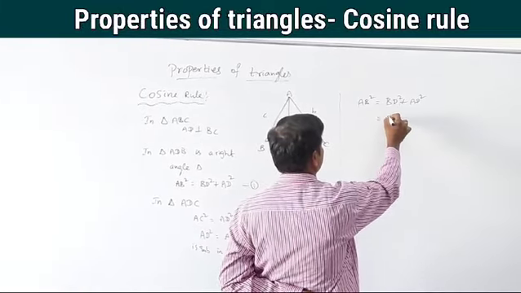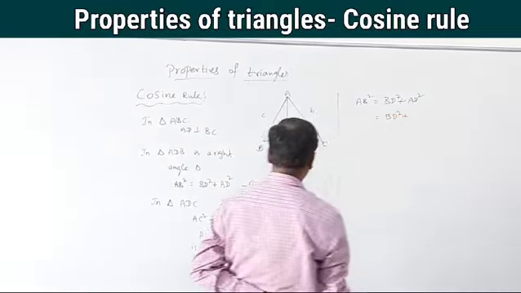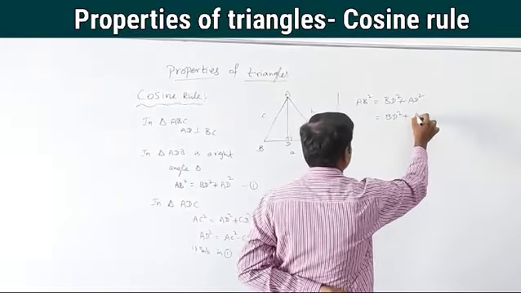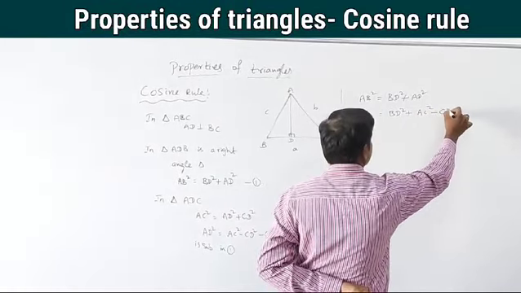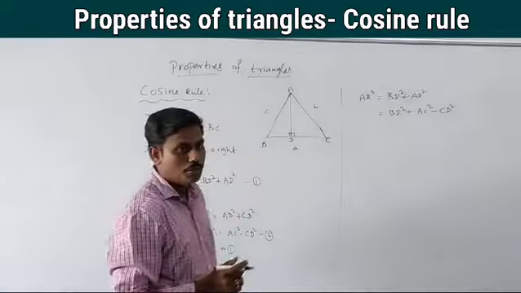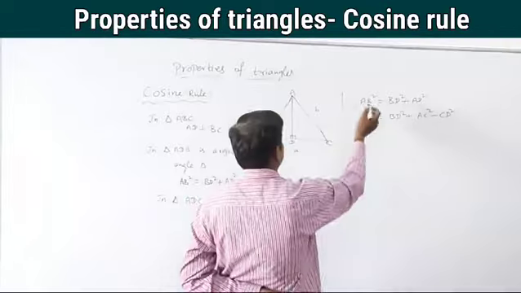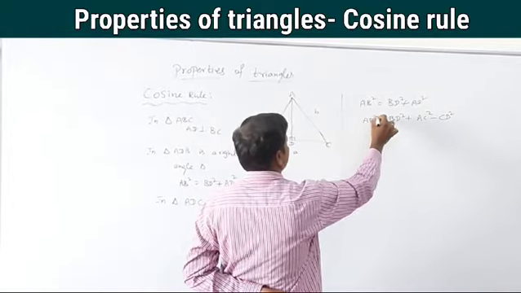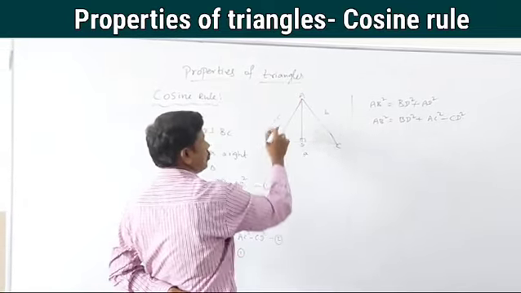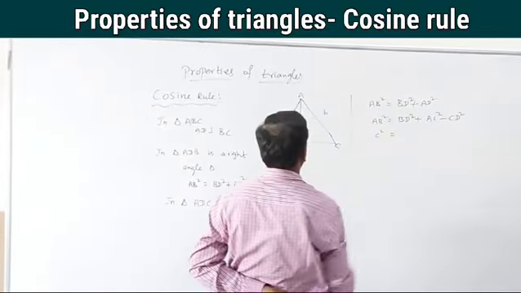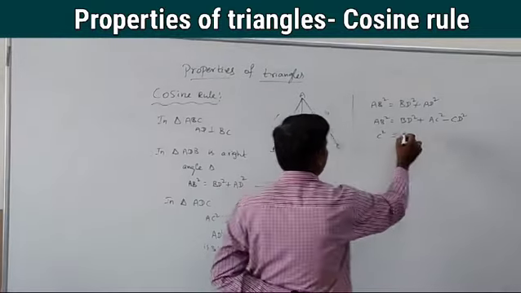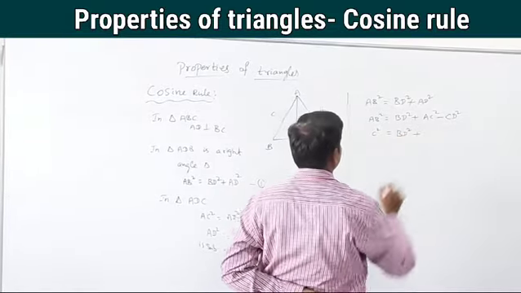So BD square equal to, what is the AD value? AC square minus CD square. AB can be written as small c, and BD square stays as it is.